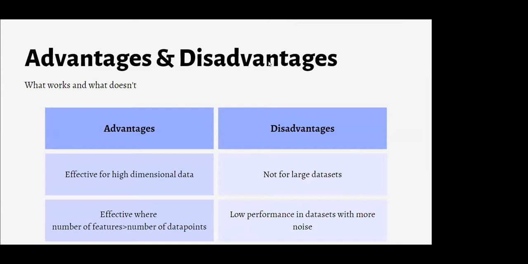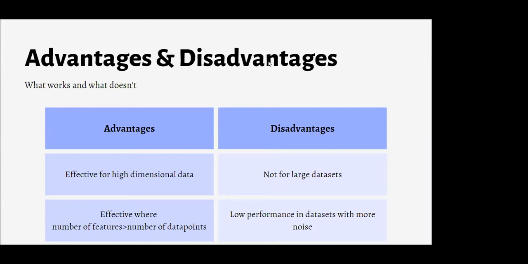I just now talked about the kernel. The kernel helps us in transforming linear data into higher dimensional data, and that is one of the main reasons why SVM is used and an advantage of SVM. The SVM algorithm is also effective in cases where the number of features is greater than the number of data points.